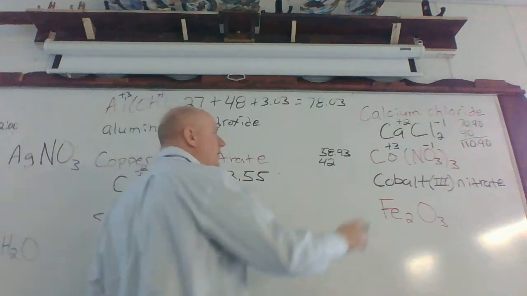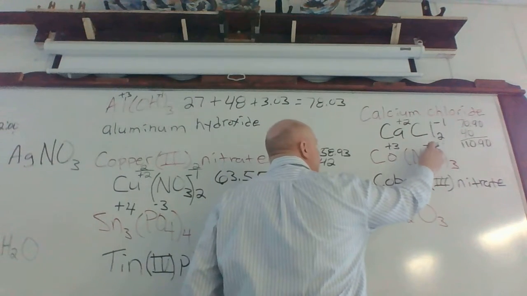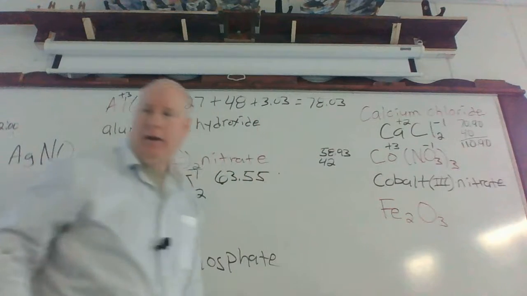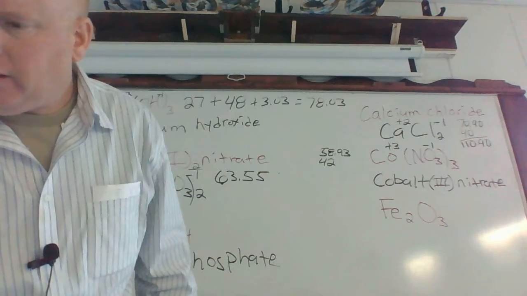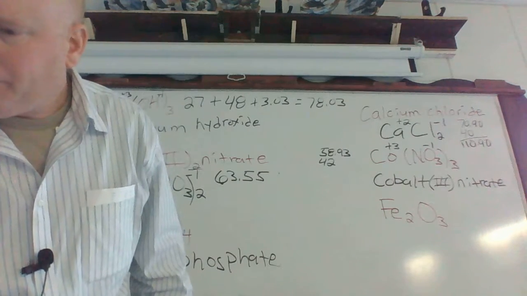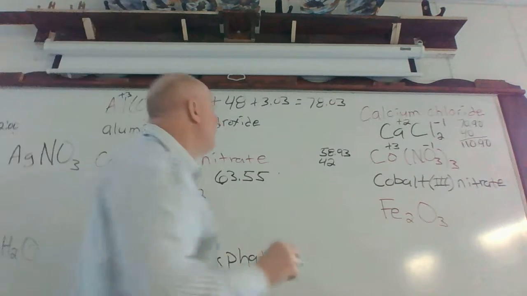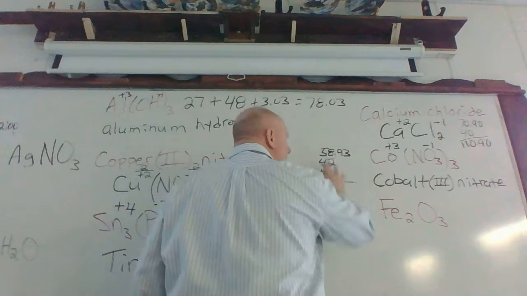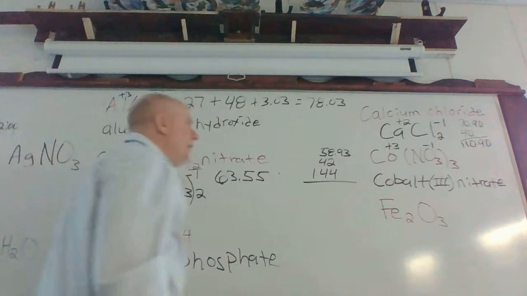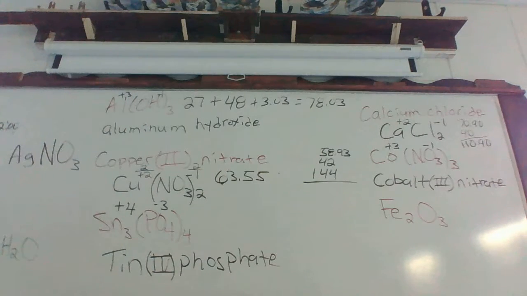For every oxygen, which is 16, 16 times 9 gives us 144. I said 128 earlier, but that was a mistake, it's 144. Add all of them together. That's the atomic mass of cobalt(III) nitrate.